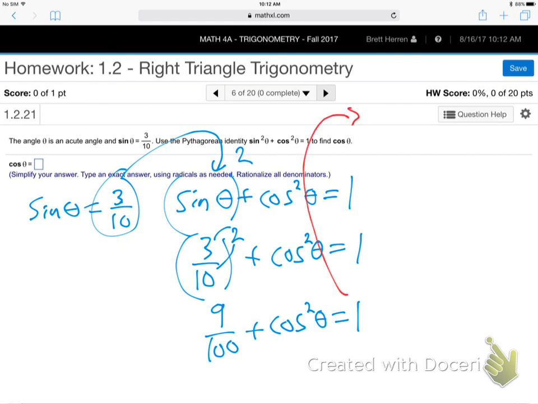Bring it up here. So 9 over 100 plus cosine squared is 1.